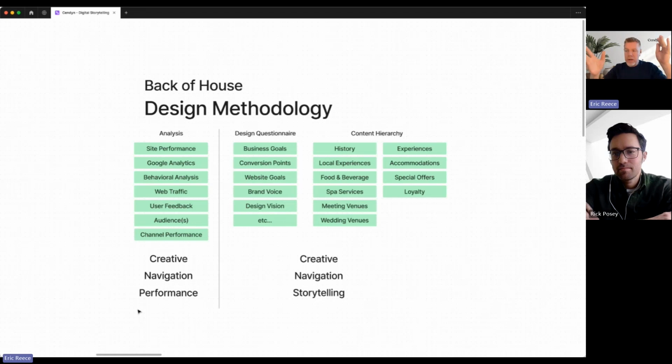So all of that said, we created this design questionnaire, which is a really great tool for us creatives to understand the brand, the story, the tone of voice that the story is trying to use, and all of the different targets that any website project might be focused on.